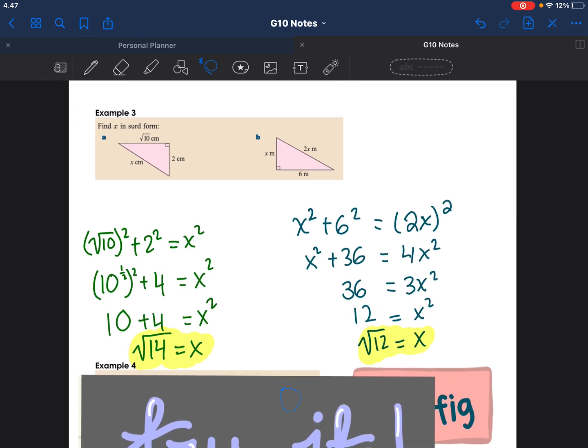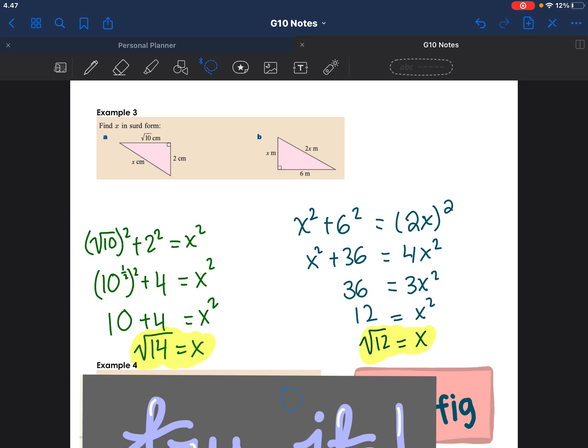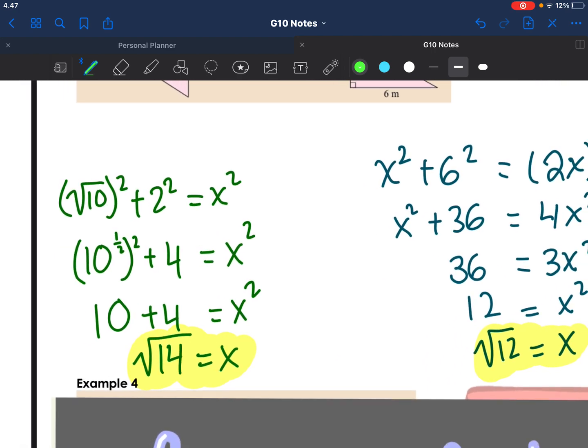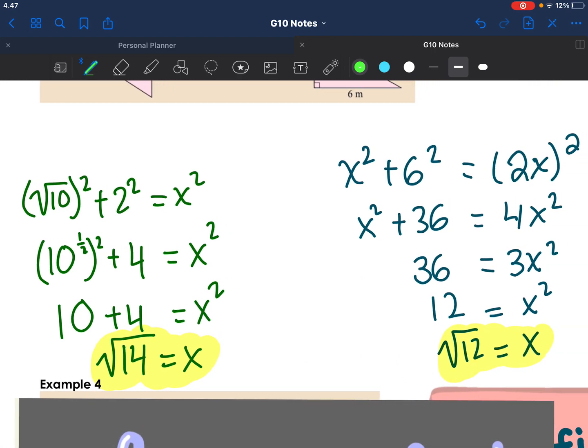Alright, so you should get square root of 14, or plus minus square root of 14, and a review on roots. Square root of 10, or the second root of 10, is the same thing as 10 to the power of 1/2. So they cancel out here.